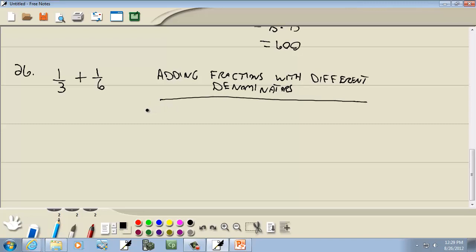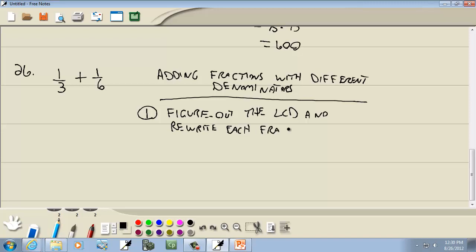Well, step 1. Figure out the LCD, least common denominator, and rewrite each fraction with that denominator.